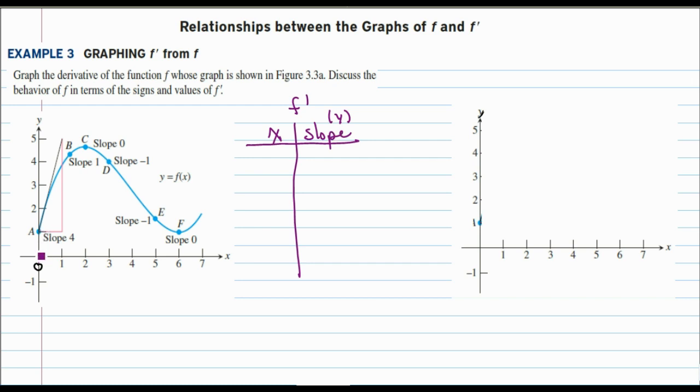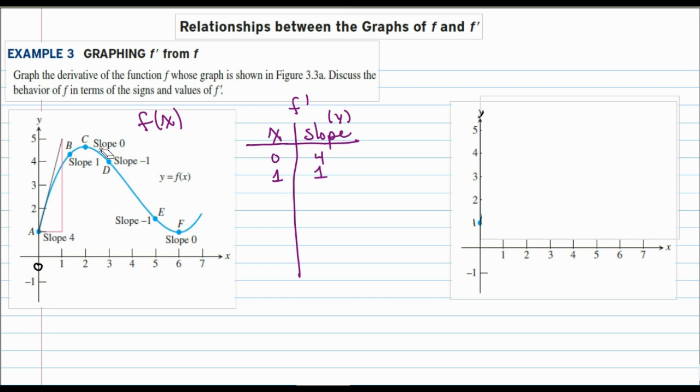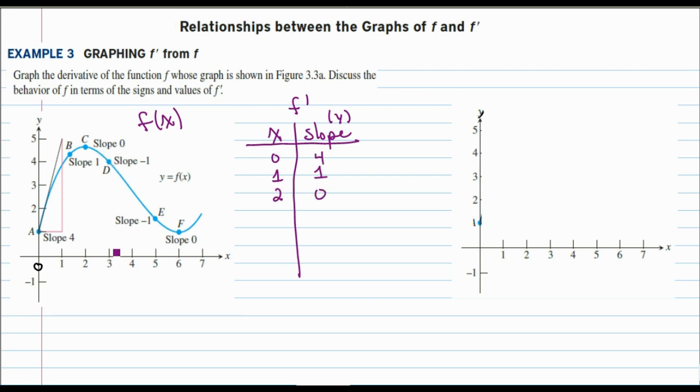For example, at the x value 0, our original function f of x has a tangent slope of 4. At x equals 1, the slope of our tangent is 1. At x equals 2, the slope of our tangent would actually be horizontal, a slope of 0. At x equals 3, the slope is going to be negative 1.